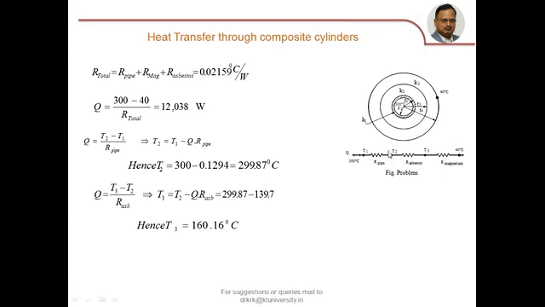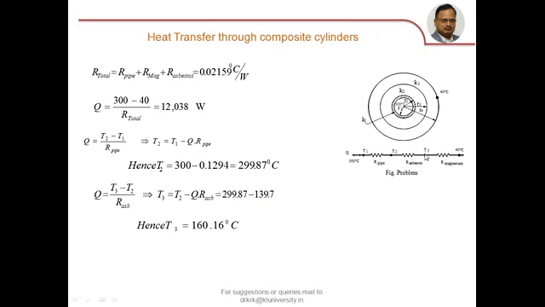So the unknown in this is T2. You can determine T2. And similarly here, Q is equal to T2 minus T3 by R asbestos. Now the unknown is T3. You can determine the value of T3. Now you have got T2 and T3 values.